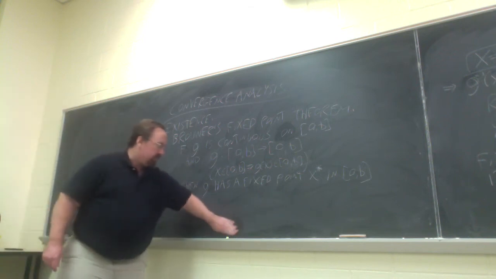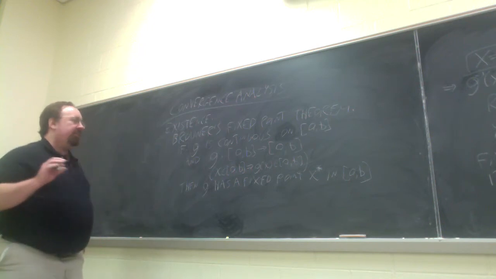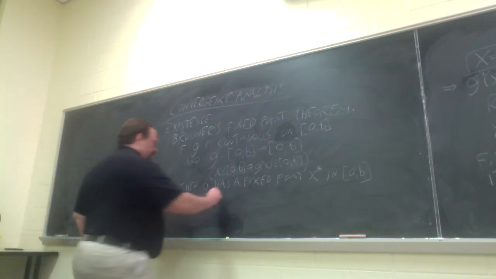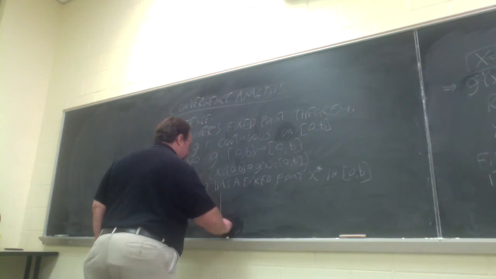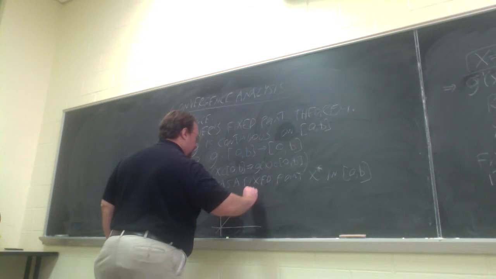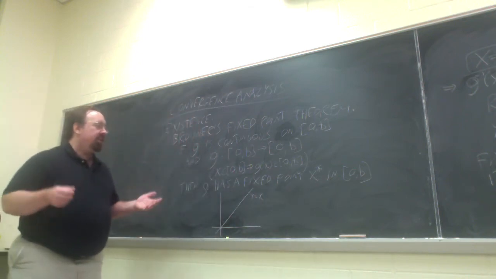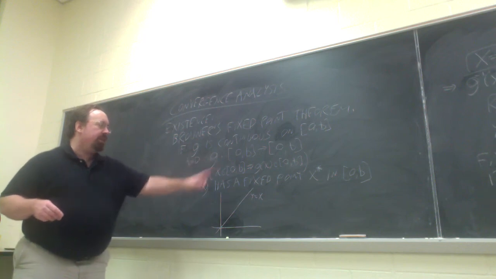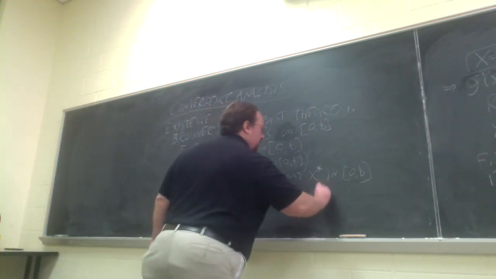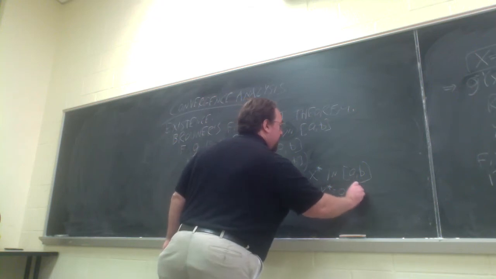Now, why should this be the case? I can give you an idea about that visually. So here we have the line y equals x. You want x equal to g of x, because remember, what I mean by fixed point is x star equals g of x star.